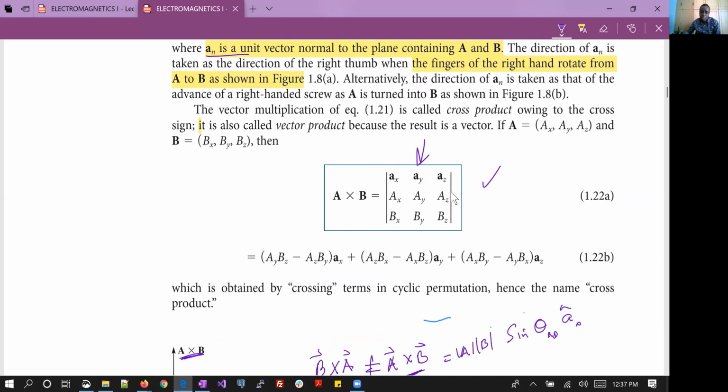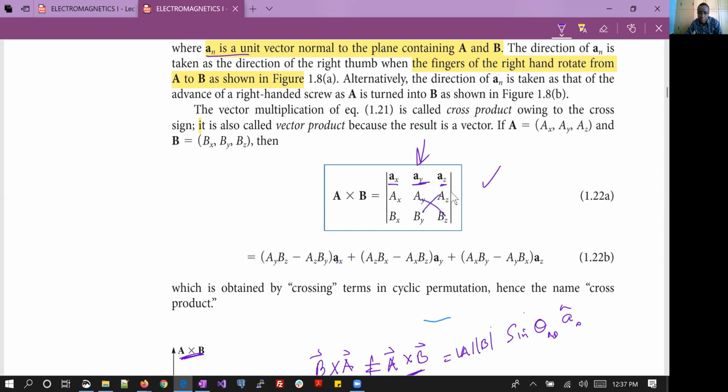We can represent it in the form of a matrix multiplication, where we say that these are the directions of each coefficient, and then you do the normal multiplication. We start with this one, and then we cross multiply.